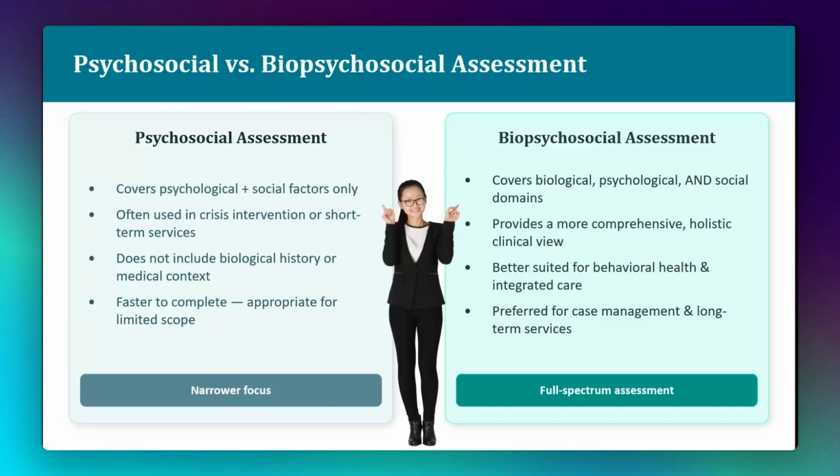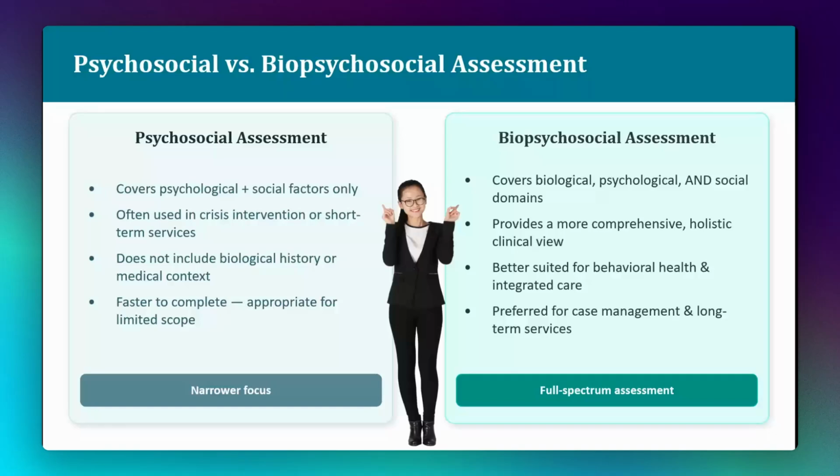That extra layer, the biological history, medical conditions, medications, and physical health context, gives you a much more complete clinical picture. For social workers in behavioral health, case management, and integrated care settings, the biopsychosocial assessment is the standard. It's the format that most funders expect and most treatment plans require.